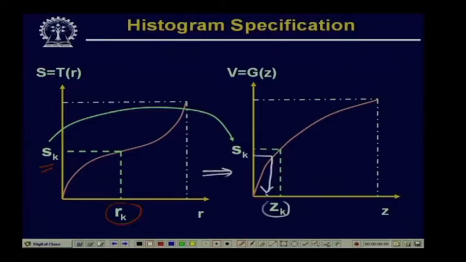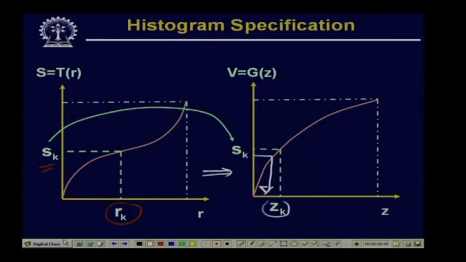Now our direction of the transformation is reverse, and we find out z_k from this value of s_k using this transformation curve G(z). But as we have mentioned, it may not always be possible to find analytical expressions for T and G. So, though the method appears very simple, its implementation is not that simple.